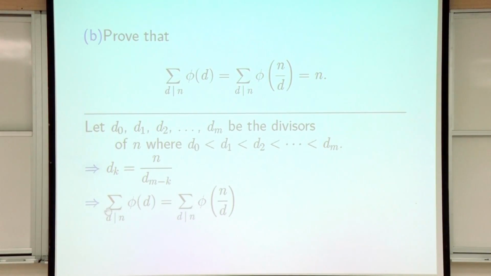So we know that the summation over all d of phi(d) is equal to the summation over all d here, but it can be replaced by one of the other d. So it equals the summation of phi(n divided by d).